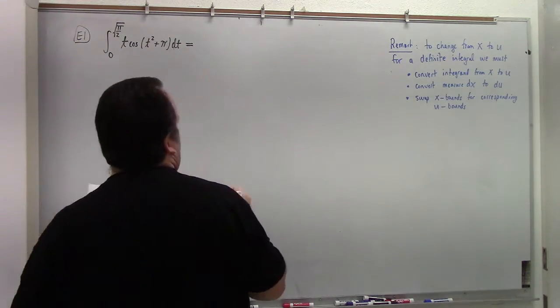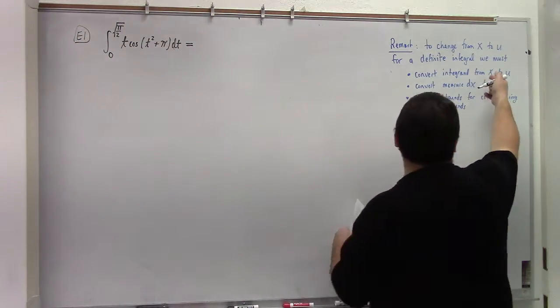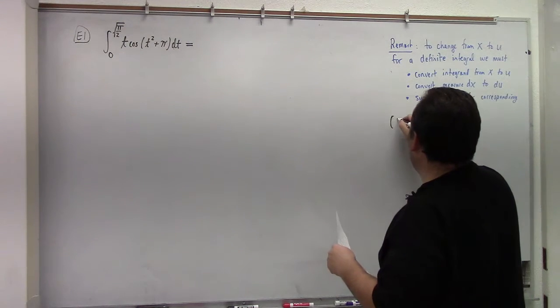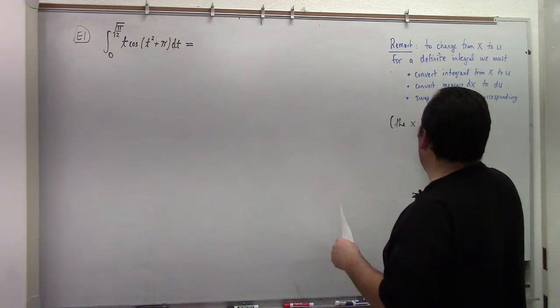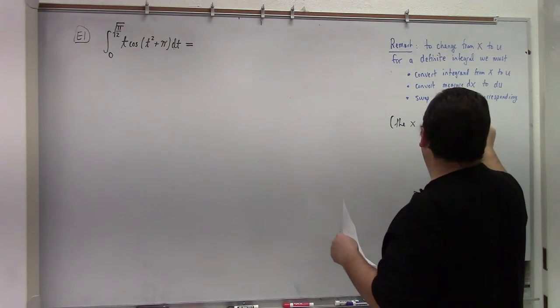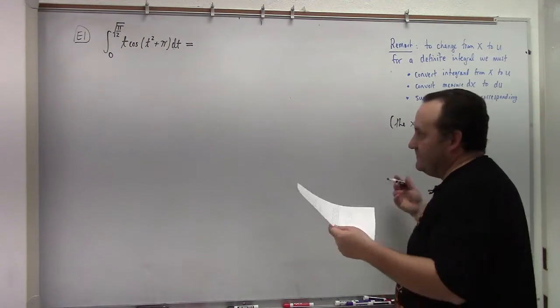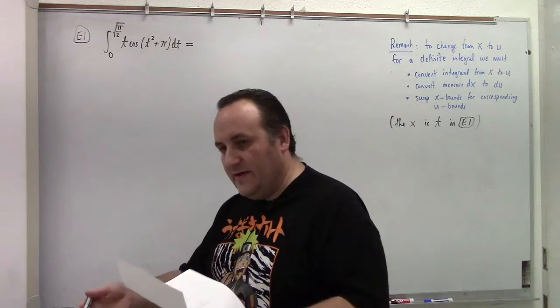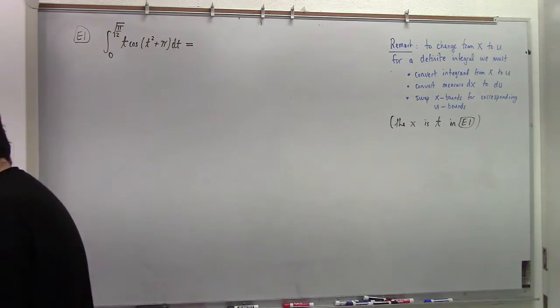Now, I wrote over here convert from x to u, but I should mention the x is t in example 1. I mean the original variable to the transform variable more generally.